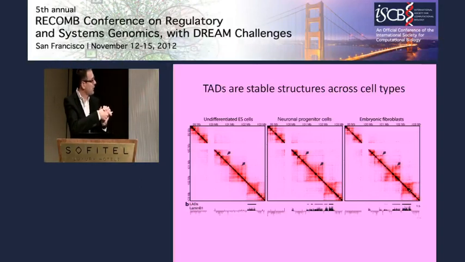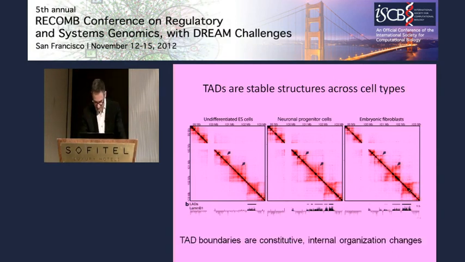Including, if you look at embryonic fibroblasts from mouse embryos, you can still recognize the domainal organization of these cells, although the internal structure of these topologically associating domains seems to change. So this domain is still recognizable in these embryonic fibroblasts, but there's clearly something happening internally. So we like to think that these boundaries are constitutive, but the internal organization changes. And as will come in the second part of the talk, I believe this is related to the occurrence of specific long-range interactions between genes and regulatory elements within these topologically associating domains.